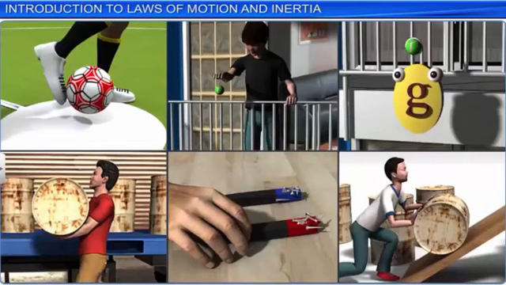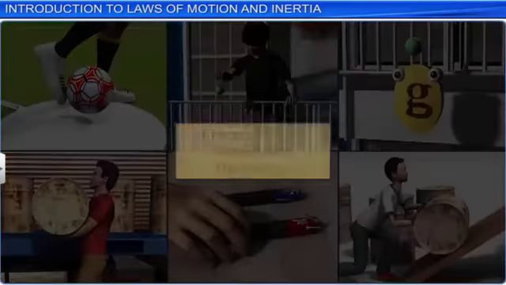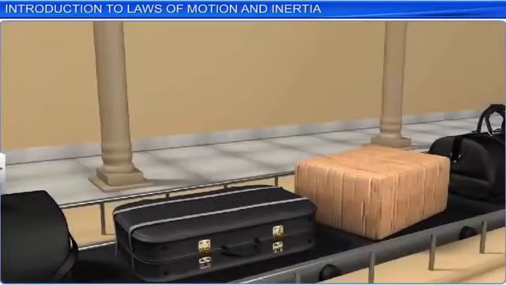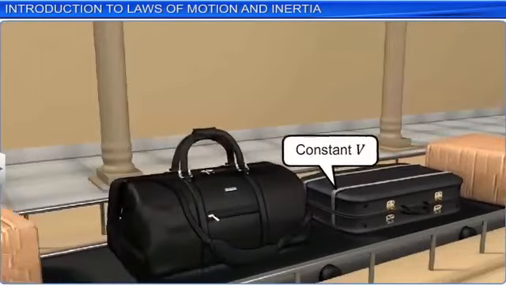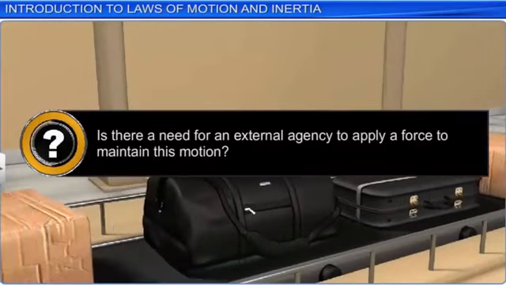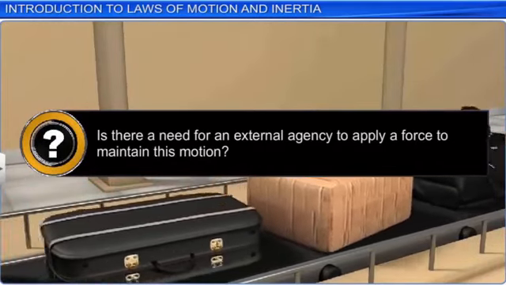Thus, we can say that a force applied by an external agency either accelerates or retards a body. Now consider a body moving with a constant velocity. Is there a need for an external agency to apply a force to maintain this motion?